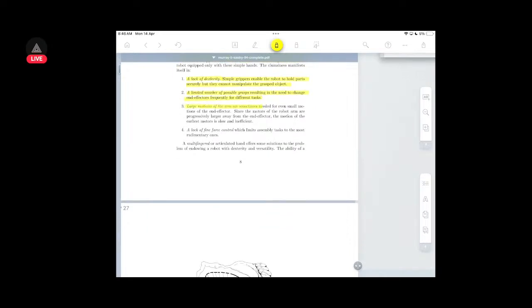Large motions of the arm are sometimes needed for even small motion of the end effector. Since the motors of the robot are progressively larger away from the end effector, motion of the earliest motor is slow and ineffective. The lack of fine force control limits assembly tasks to the most rudimentary ones.